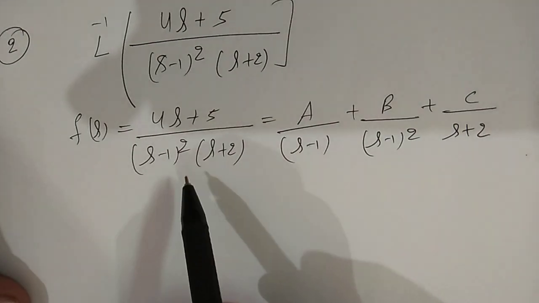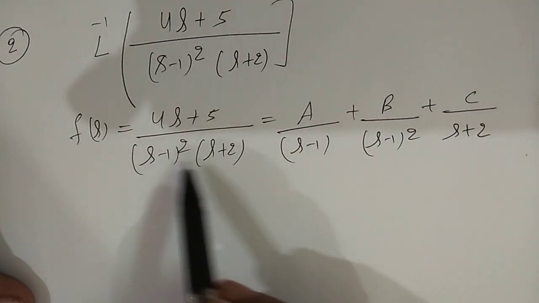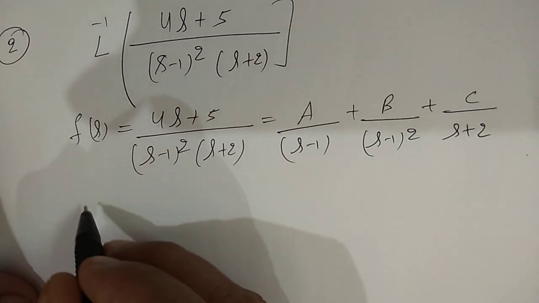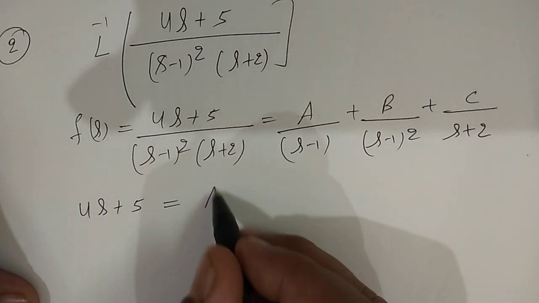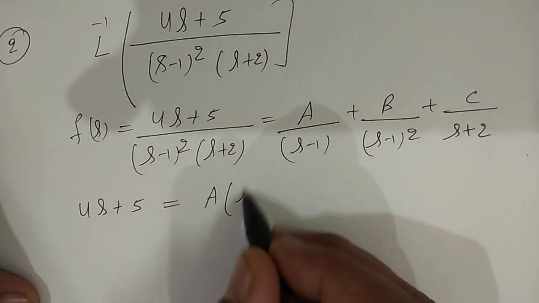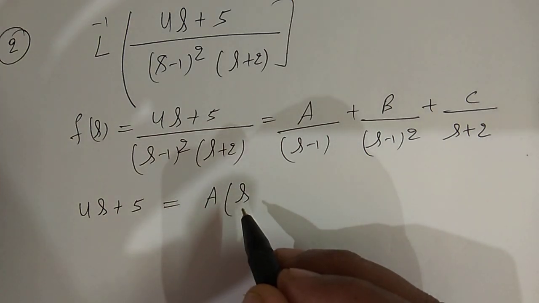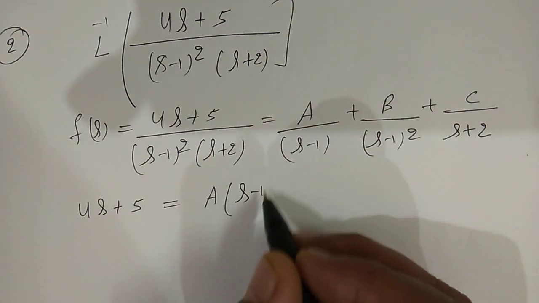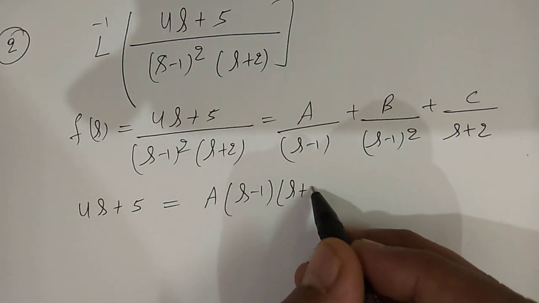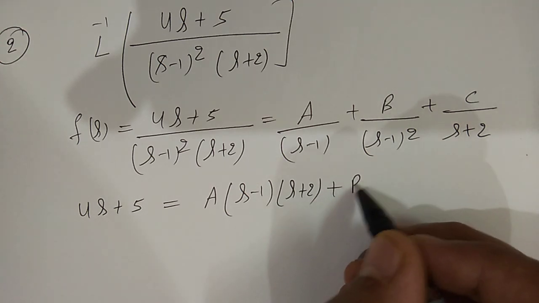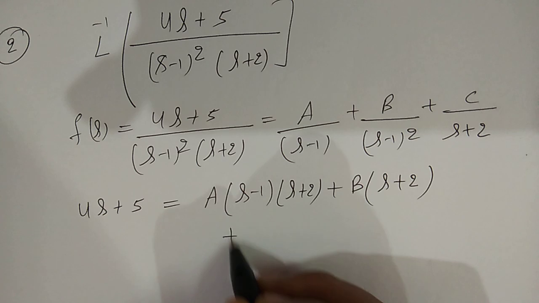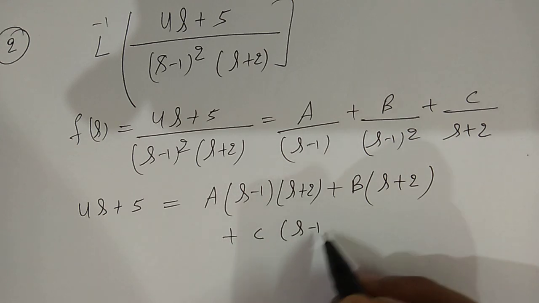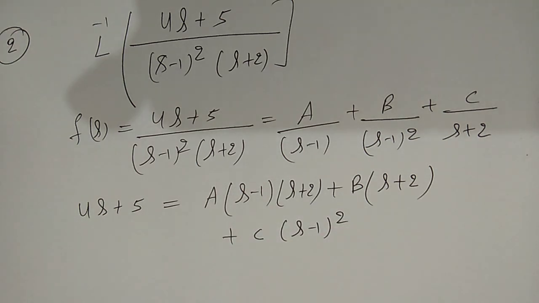Now if you multiply by (s - 1)² (s + 2), we get 4s + 5 equal to A into (s - 1)(s + 2) plus B into (s + 2) plus C into (s - 1)².